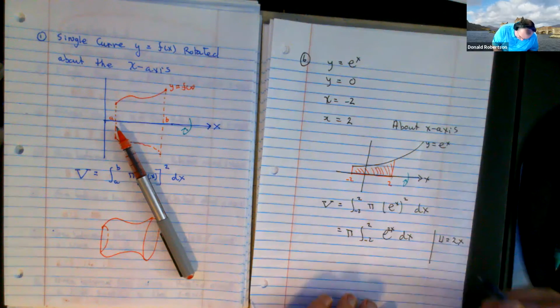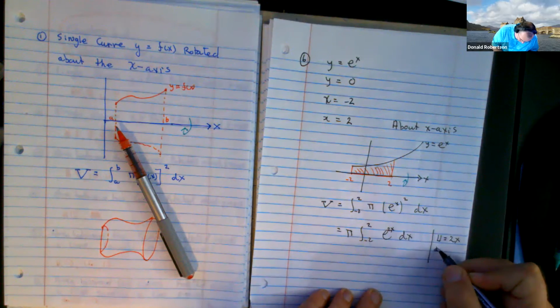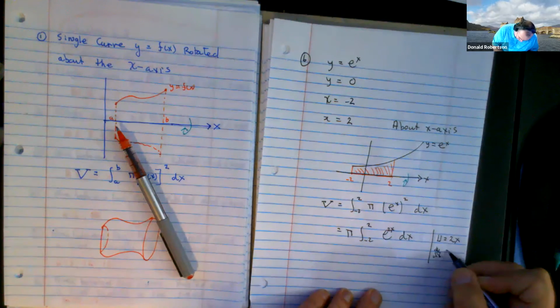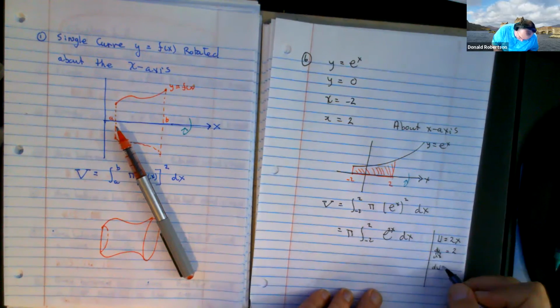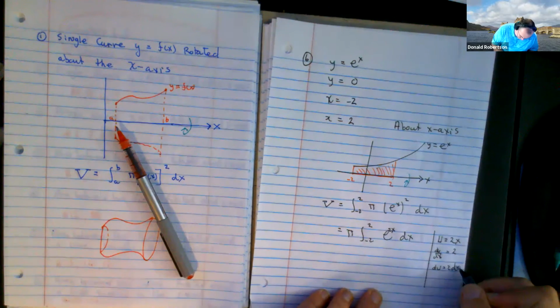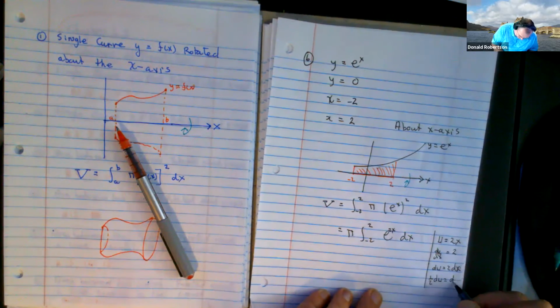Now for this very simple substitution, when you differentiate it with respect to x, you get 2. When you do the crossover and then divide both sides by 2 to isolate the dx.